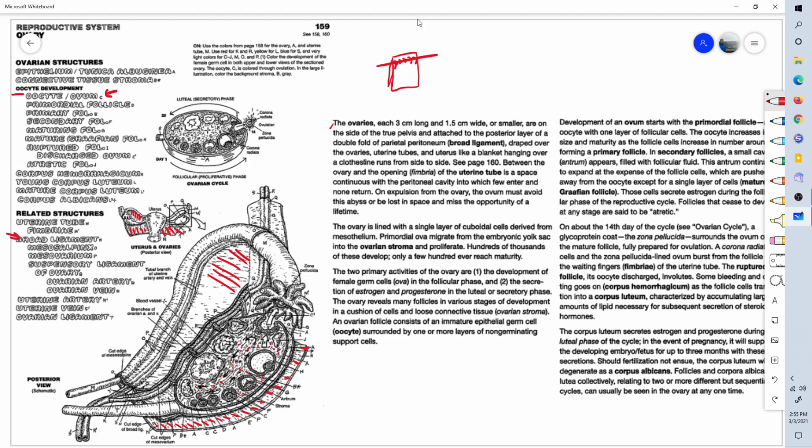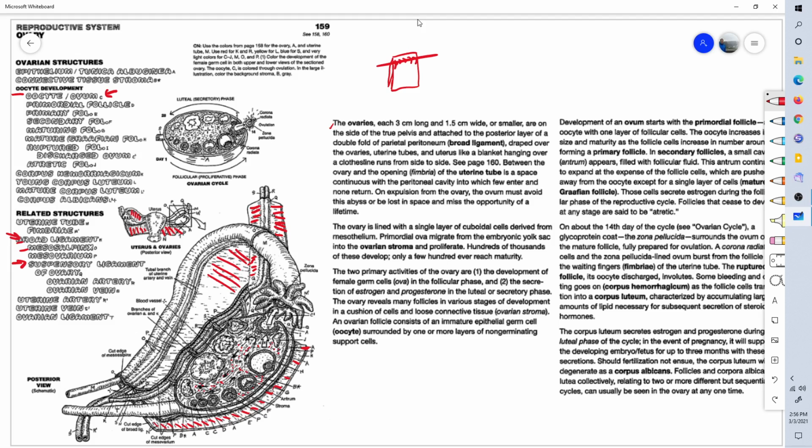The broad ligament and its various parts, one of which is the suspensory ligament of the ovary. It's this area right here, this covering. And as it states, it pulls up and keeps the ovary elevated and pinned against the posterior wall of the pelvis.